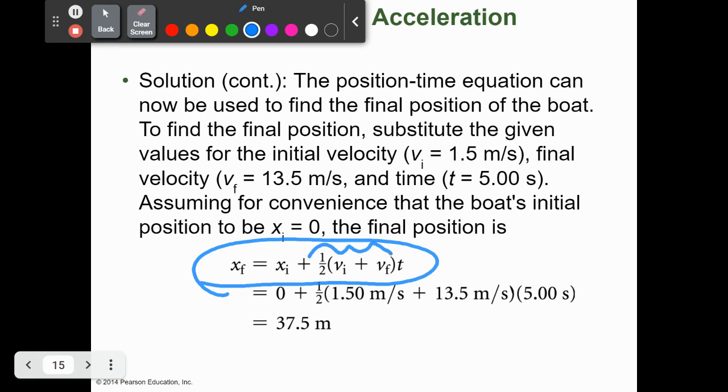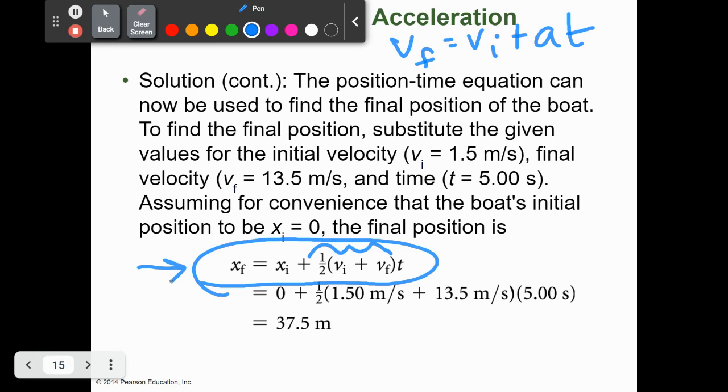They told us the initial velocity, so we had to use the equation on the previous slide to find VF. So this is a 2-step, 2-equation problem. We have to find final velocity before we can put it into our position equation to find the final position.